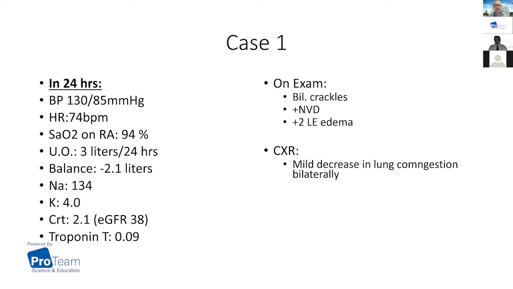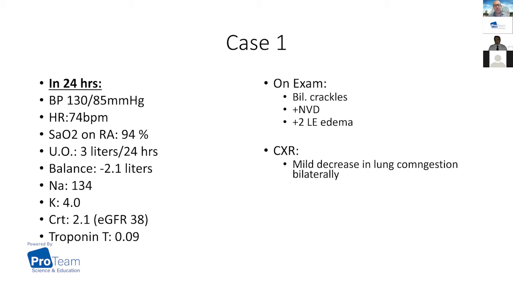In the first 24 hours, the next day, blood pressure was 130/85, heart rate 74. His saturation on room air improved to 94%. He had a 3 liter urine output for 24 hours with a balance of -2 liters. His sodium improved, potassium is okay.